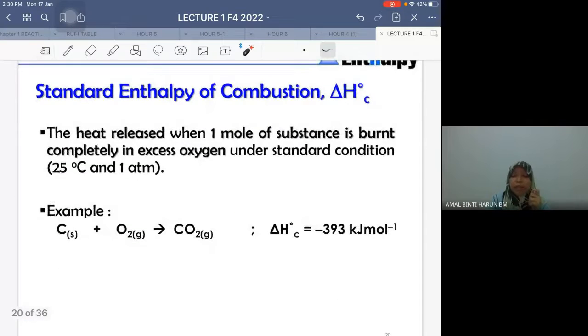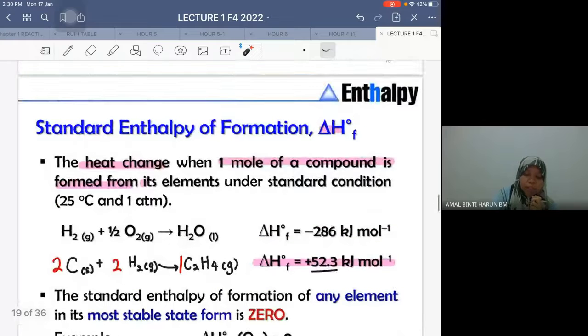Okay, sekarang kita pergi ke enthalpy yang kedua iaitu enthalpy of combustion. Delta H, ini standard enthalpy for combustion. What is definition dia? Heat release. Okay, yang ni heat change. Kat sini, heat change can be heat absorb ataupun heat release.